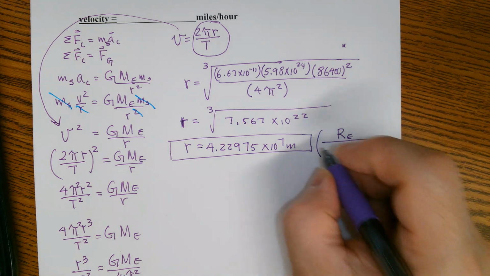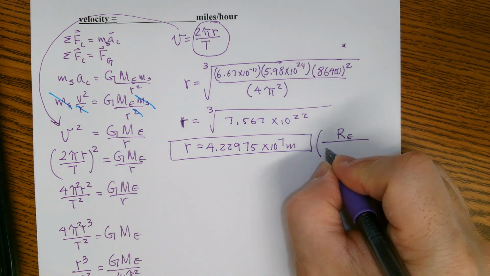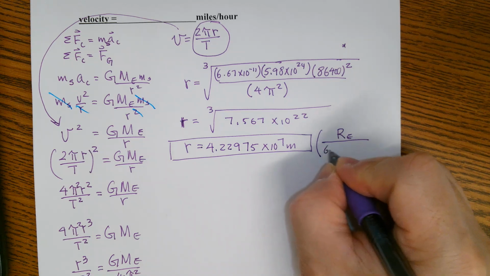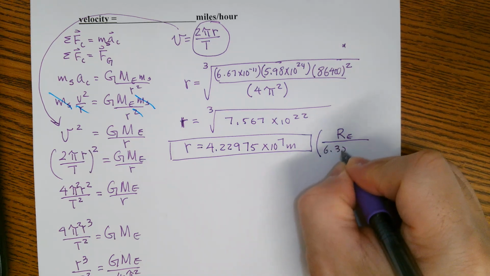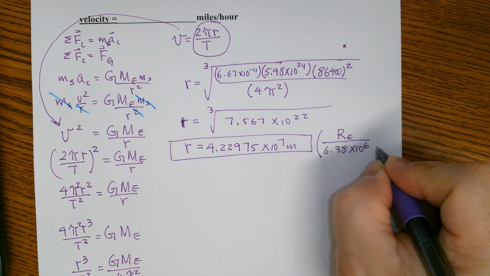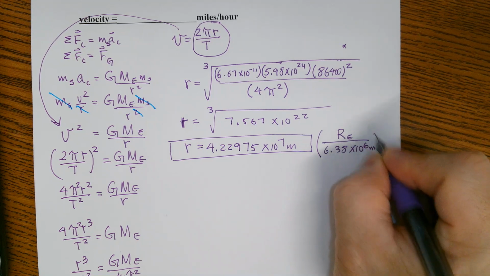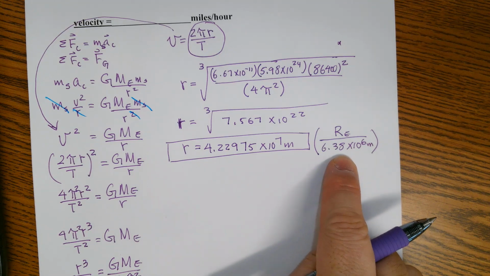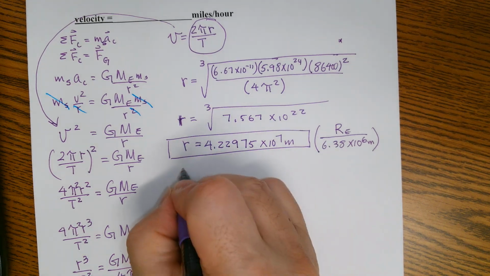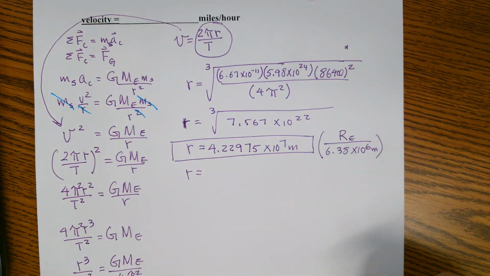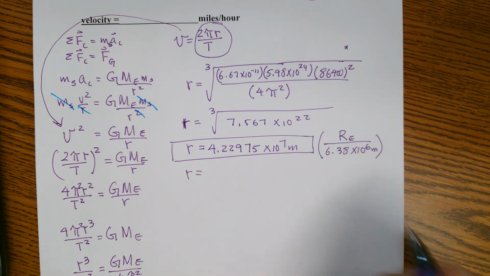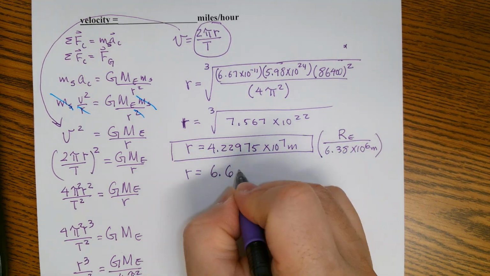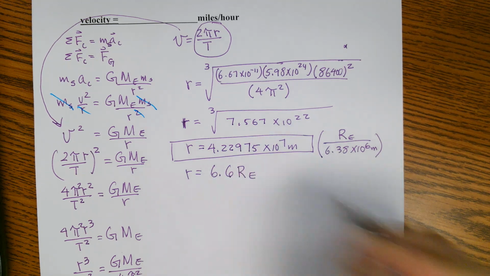You want to use like 6.38 times 10 to the 6 meters. So if you divide that by this, you get this R in terms of radius of the Earth. So if you do that, you get 6.6 radius of the Earth.